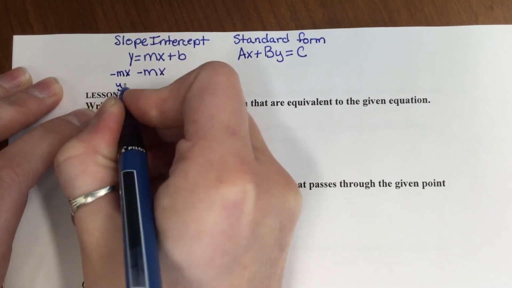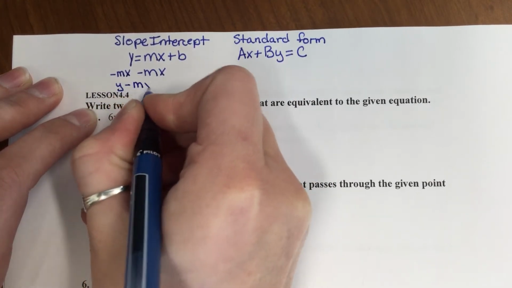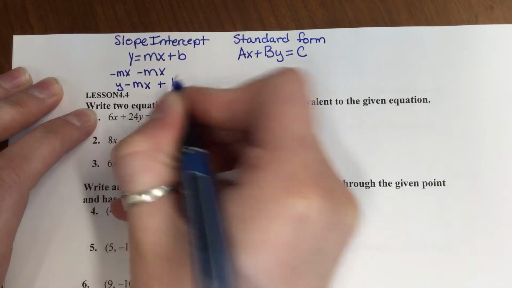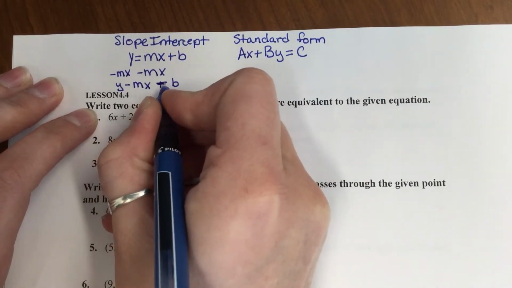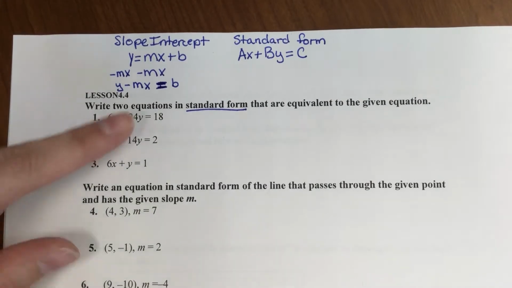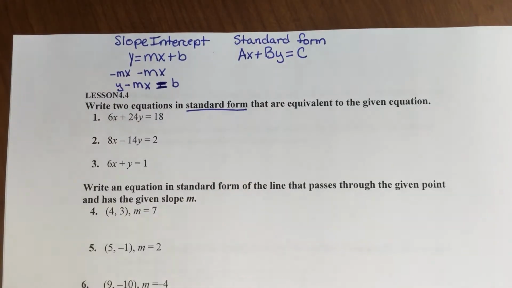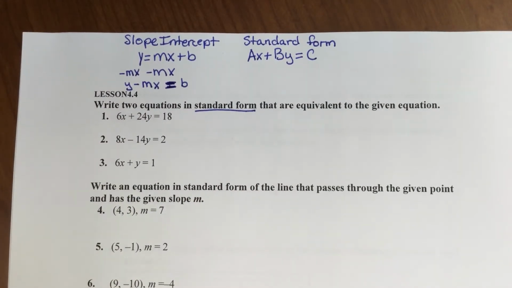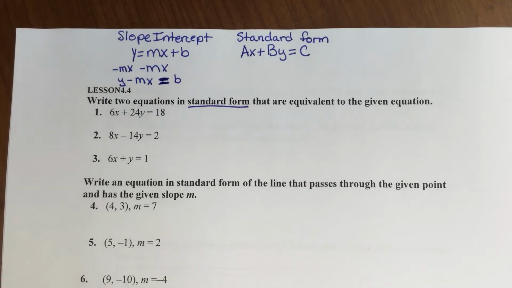So we have y minus mx equals b, and then this is just standard form. So standard form is just another way to write equations that you already know how to solve.